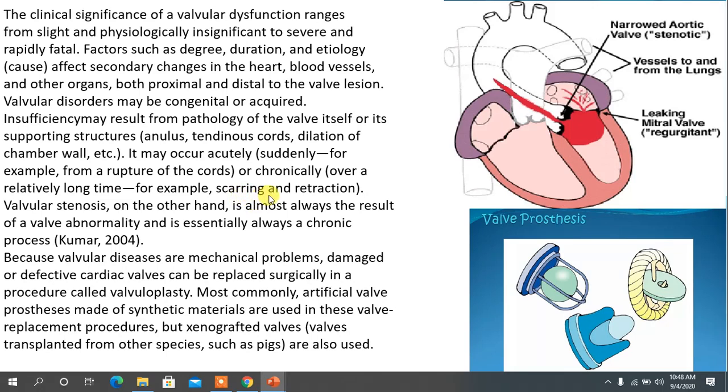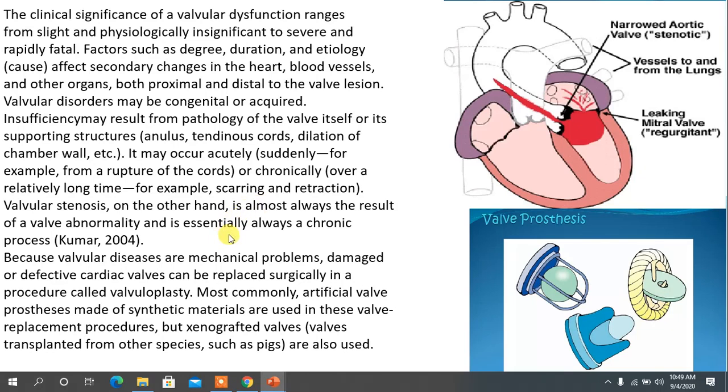Then after a time, the main symptoms of the regurgitation appear. That may be sudden onset, acutely, from damage to the cords or papillary muscles from myocardial infarction, or it may be over a long time when there is infection, scarring of the heart muscles or the valve, or retraction of the valve.